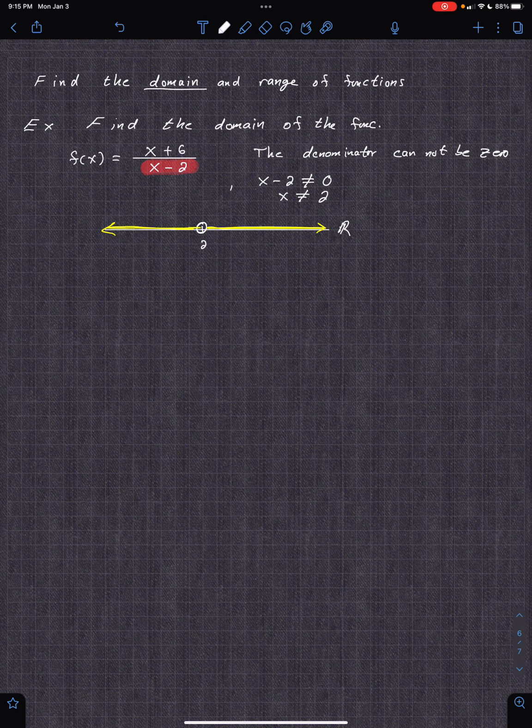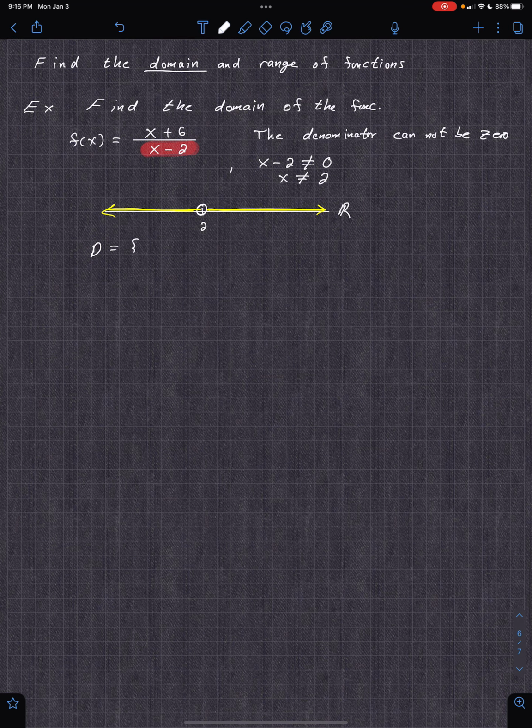Another key thing about a domain, if you go all the way back to the first couple sections: a domain is a set. It's the set of values except 2, so all real numbers except 2. You have to write that in set notation. So we say D is equal to, this is one way to do it, set builder notation.